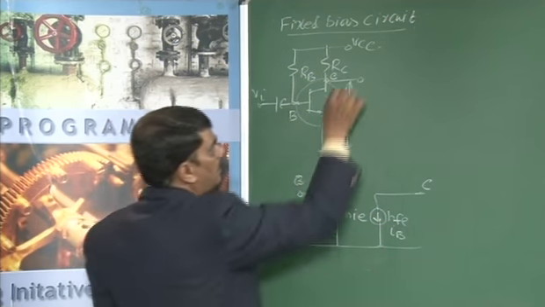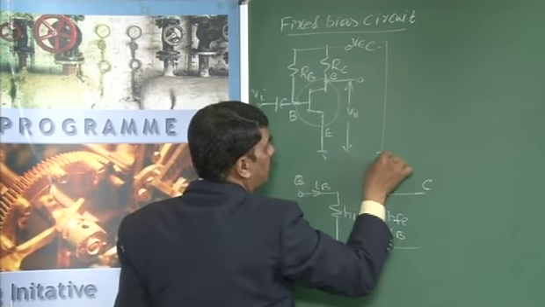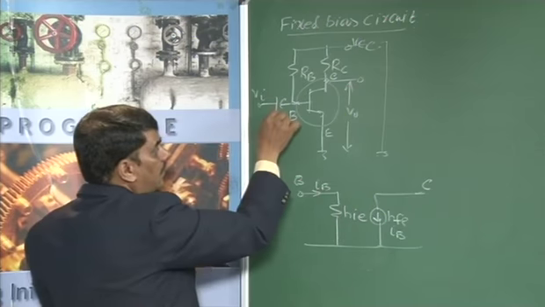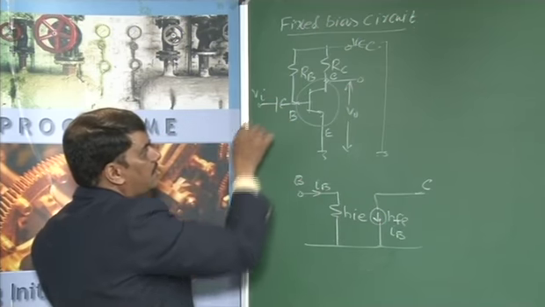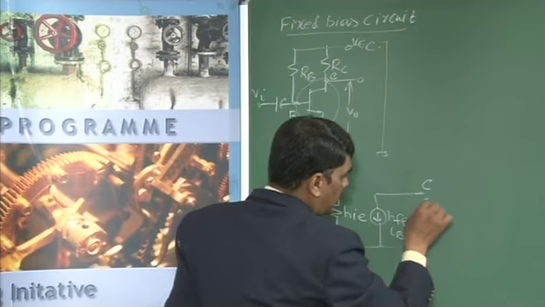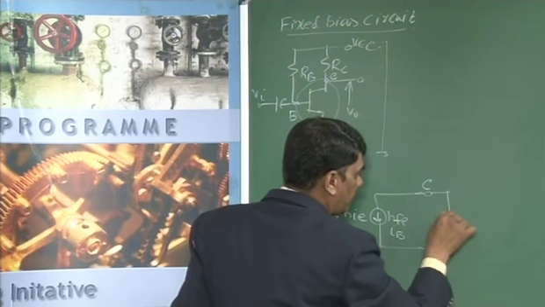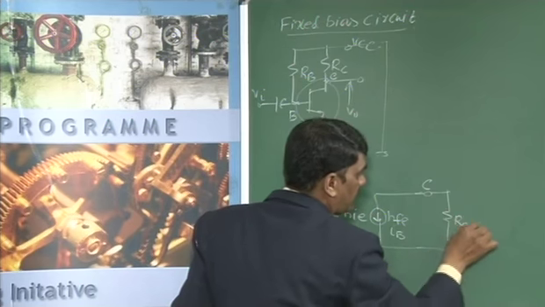At low frequencies the capacitance acts as a short circuit, and between the collector and emitter you connect the resistance RC.